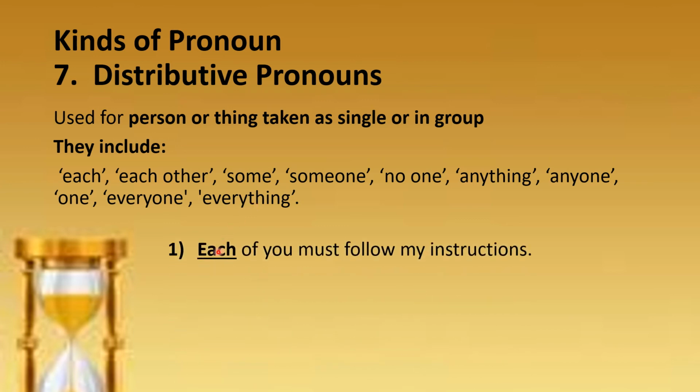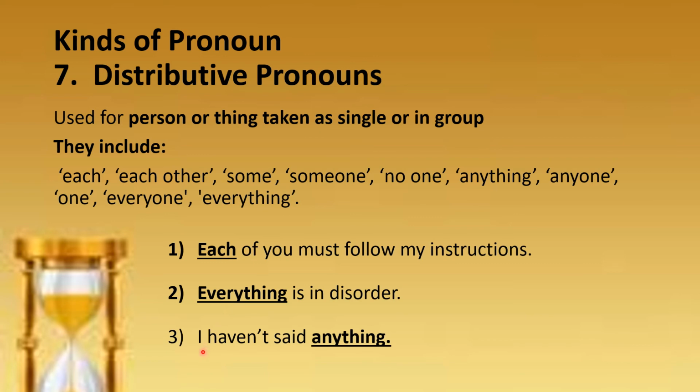See the example. Each of you must follow my instructions. So each here is a distributive pronoun because it is used for persons taken as single. See the second example. Everything is in disorder. Everything here is a distributive pronoun. I haven't said anything. Anything here is a distributive pronoun.